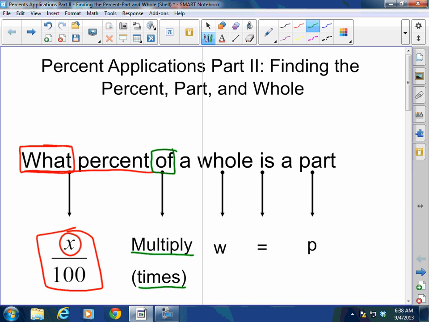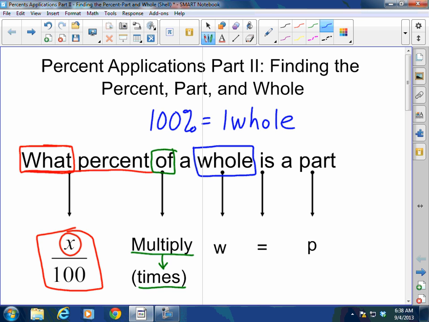What percent of times a whole, this is also right now an unknown. This is a whole. Remember when we've been talking about percents and fractions and decimals, those are all parts of a whole. Remember that 100% equals one whole.